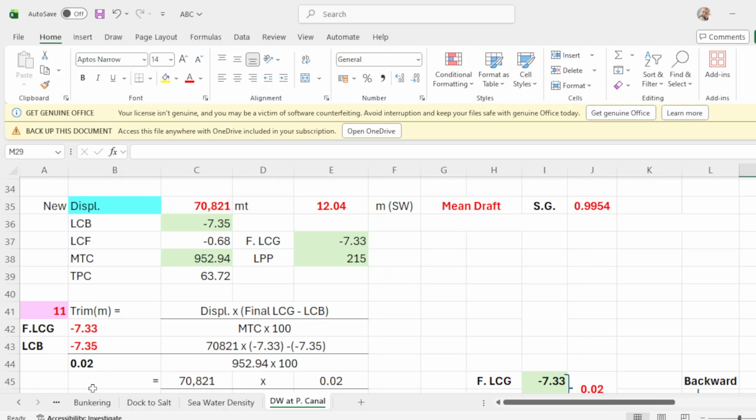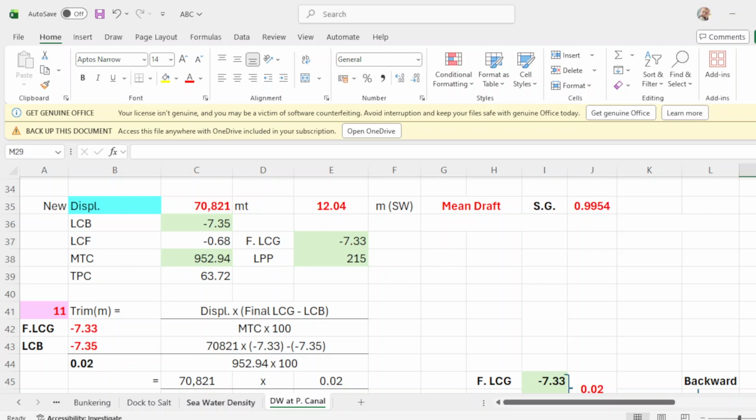Take note, guys, by looking at this figure, it's almost even keel. Okay? It shows that LCB is a little bit ahead of your LCG, and this one is behind by 0.02.